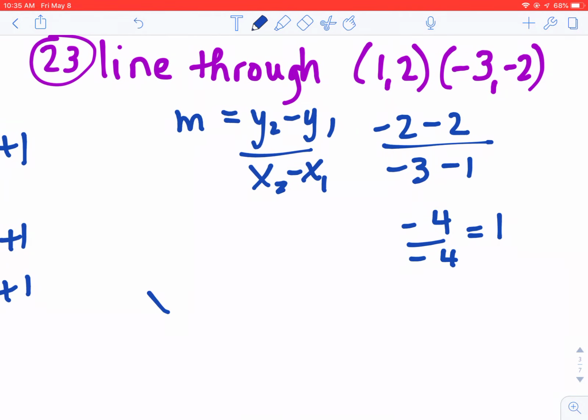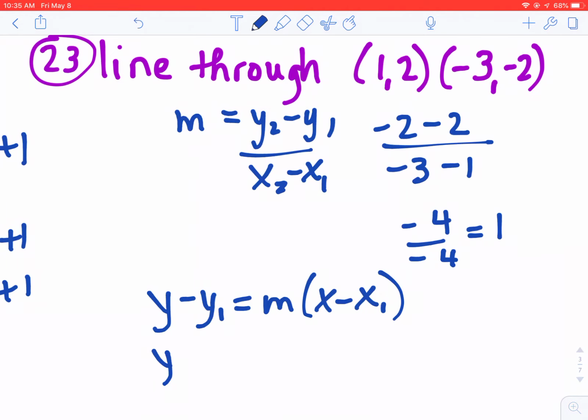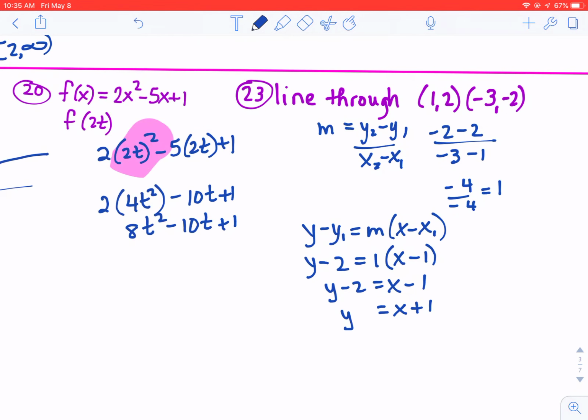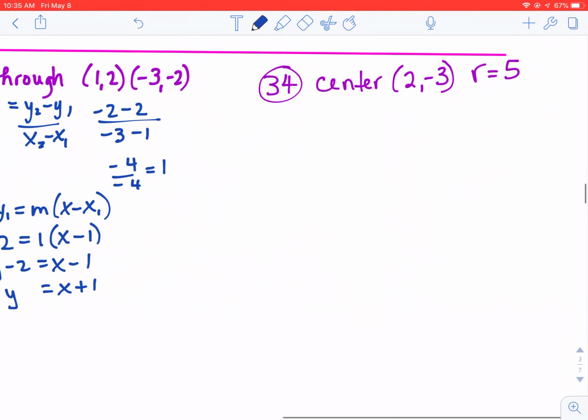And then I have y minus y1 equals m times x minus x1. And so I end up with, I'm going to use the first point, so y minus 2 equals 1 times x minus 1. Distribute my 1, y minus 2 equals x minus 1. Add 2, y equals x plus 1. Okay? It's a multiple choice. They're all multiple choice, so make sure you pick the right ones.